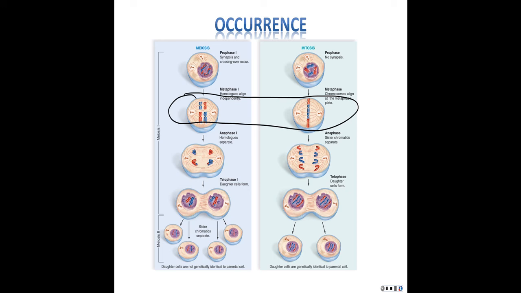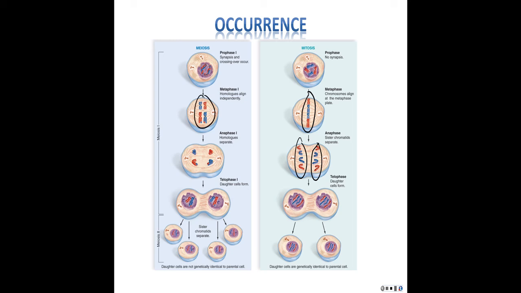In mitosis, all the chromosomes just line up, and the sisters separate. In metaphase 1, the homologs pair up. There's organization here. In other classes, we would learn that these things are called tetrads or bivalents, but you don't need to worry about that.